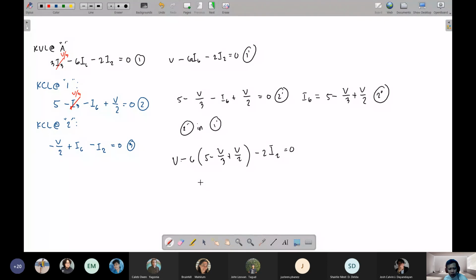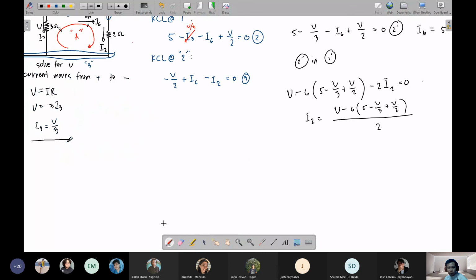Rearranging, I2 equals V minus 6 times 5 minus V over 3 plus V over 2, divided by 2. So we now have I2 in terms of V, and I6 in terms of V. Then substitute I2 and I6 in equation 3.